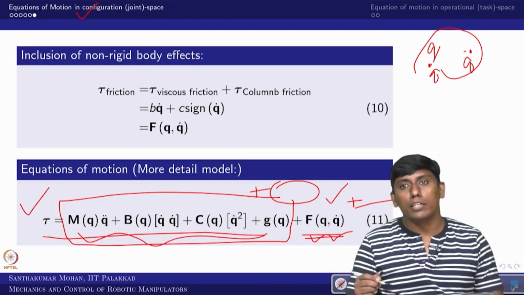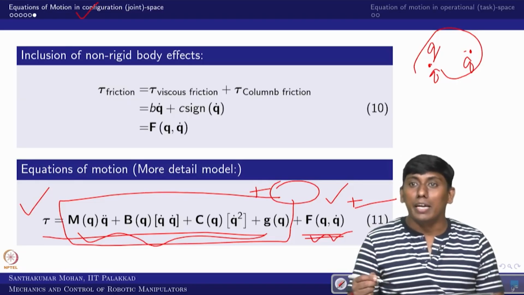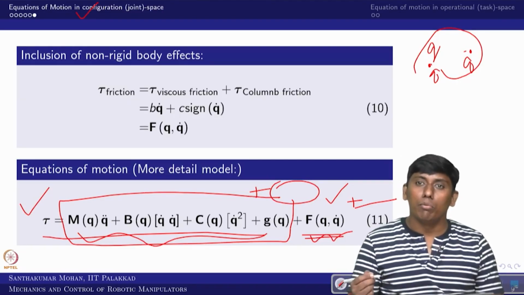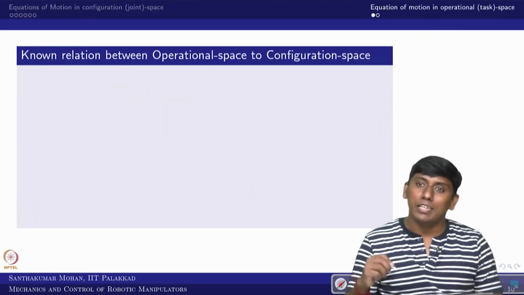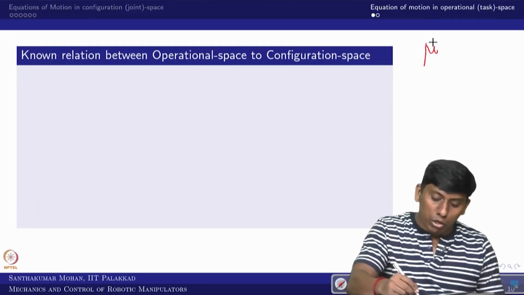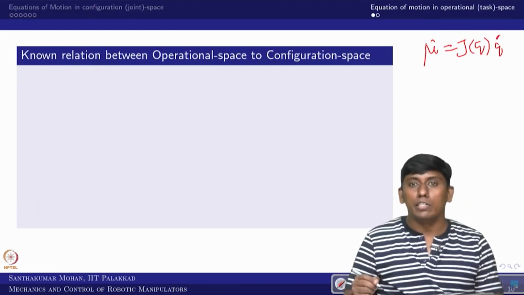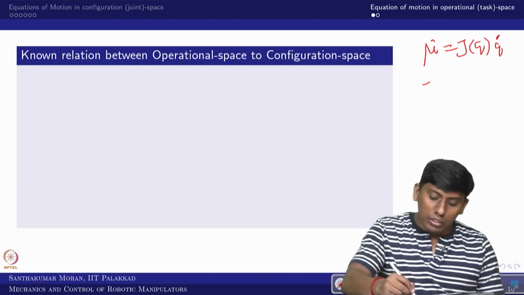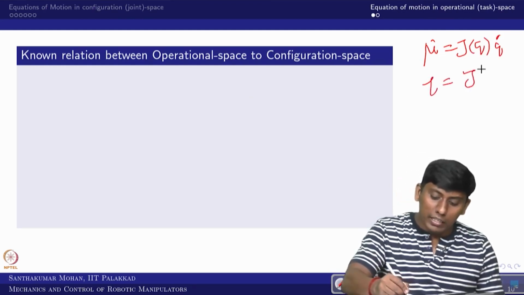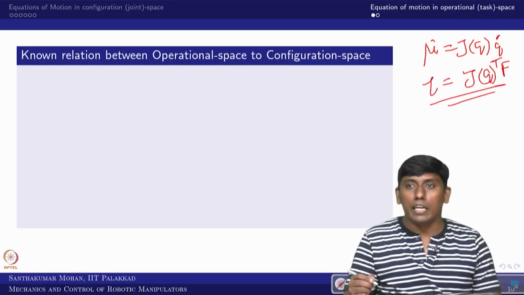So now we are talking about the equation of motion in operational space. For that, what are the relations we know? We know mu dot as J of q into q dot. Further, we know tau can be written as J of q transpose into F. So we have derived this, right?